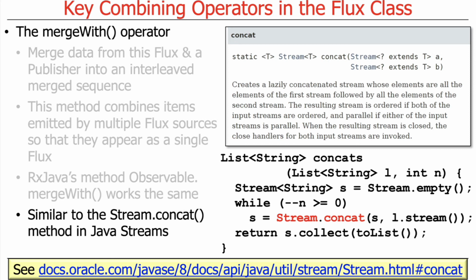So we're going to go n times, basically. Every time through the loop, we're going to take the existing stream, and we're going to take the list and turn it into a stream, and concatenate it. So we put the stream of the list at the end of the existing stream, get back a new stream, and we keep doing this, concatenating these things at the end. It's really pretty cool.